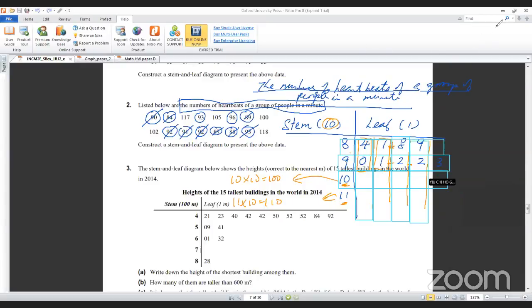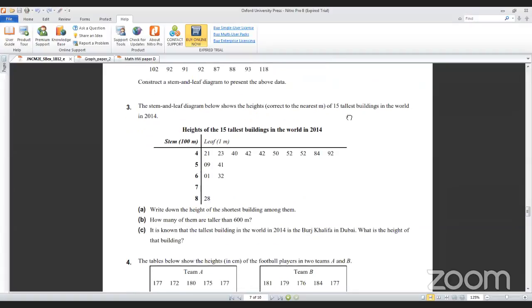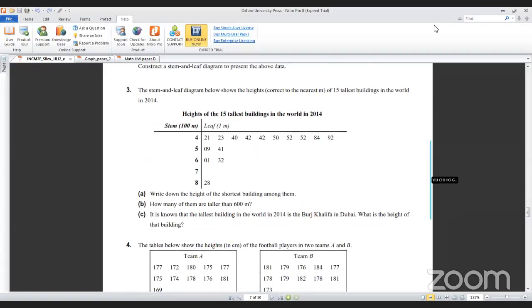Now, if you look at the next one, look at number 3, then you should know why it is so important that we leave some space between the numbers. In this case, this column represents 100.